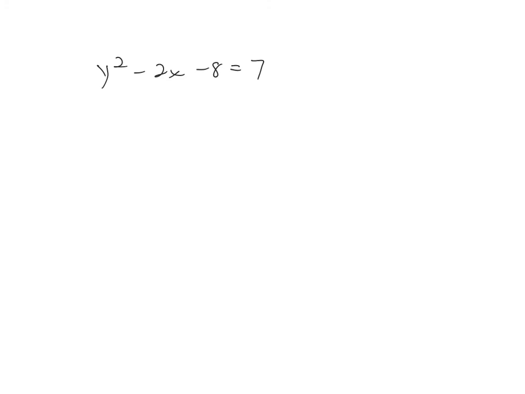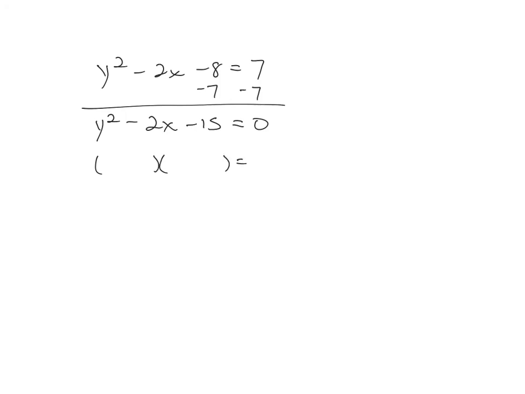Okay, so on these, they have to equal 0 in order for you to start the problem. So you can't have the 7 over there. So on some of them, it'll already be set up for you. On others, you'll need to make it equal 0. Okay, so last term is negative, the 15, so that means 1 plus and 1 minus.